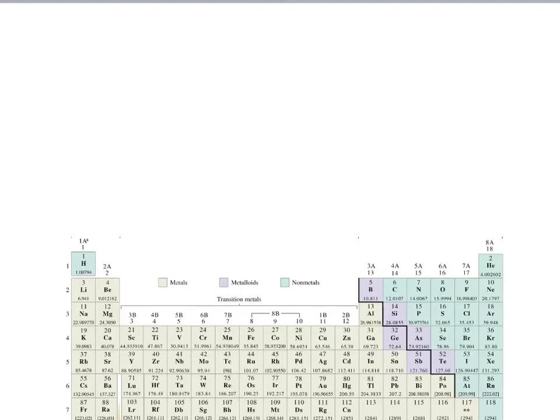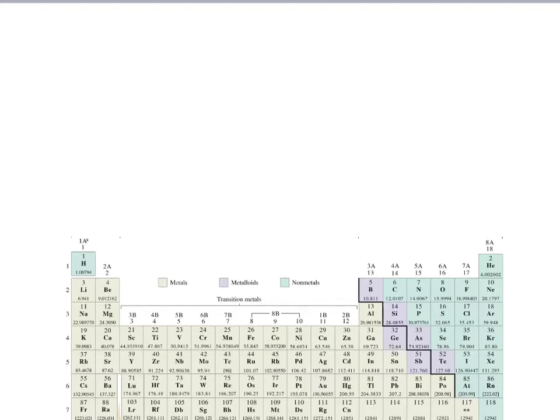Then we go to the 2s and the 2p. These are both n equals 2, so we have a total of 2 plus 6, so 8 electrons. There's 1, 2, 3, 4, 5, 6, 7, 8 electrons in that shell.